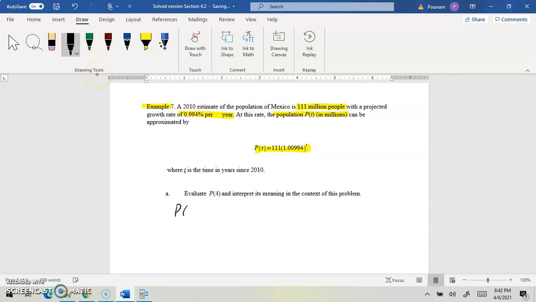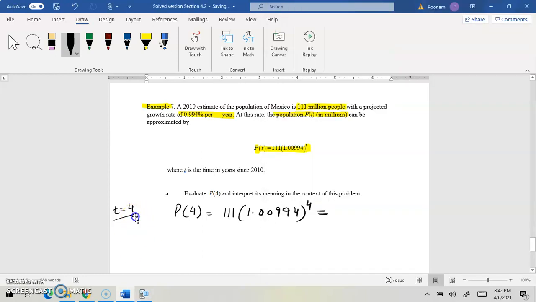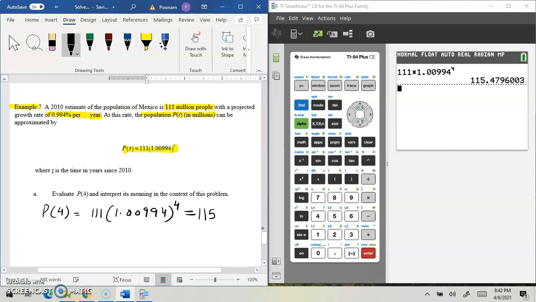Evaluate P of 4 and interpret its meaning in context of the problem. So let's evaluate it. P of 4 meaning t is given to be 4. So that would be in the function raised to power 4. I can use calculator to do that. We have 115.48 million.